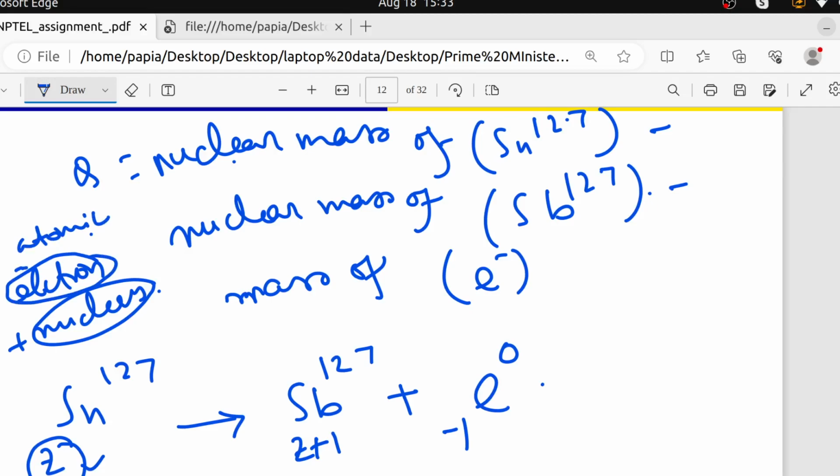In the question the atomic mass is given, but we want the nuclear mass. So how can we get the nuclear mass? Nucleus mass is nothing but atomic mass minus electron mass. I mean, however many electrons are there, each electron's mass will be subtracted from the atomic mass so that we can have the nuclear mass.